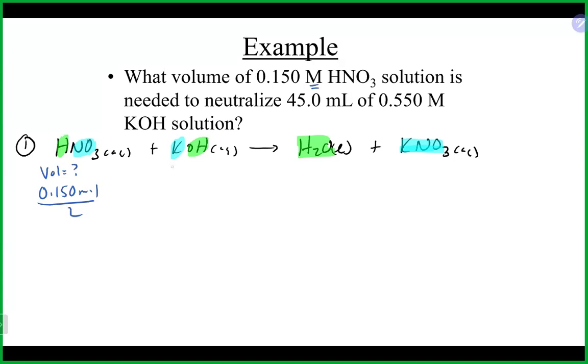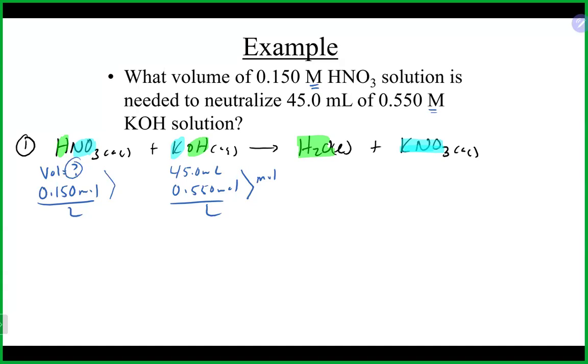For the potassium hydroxide, we have 45 milliliters of it, and we have the molarity of 0.55 moles per liter. So the first question, is this a limiting reagent problem? The answer is no, because this is the only thing we could get moles from. We cannot get moles for the nitric acid because we are missing the volume. So this is just a basic stoichiometry problem at this point.